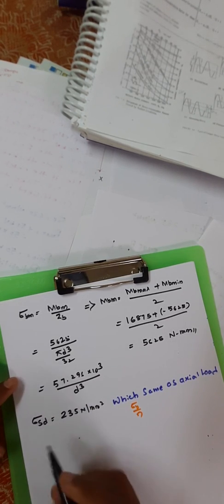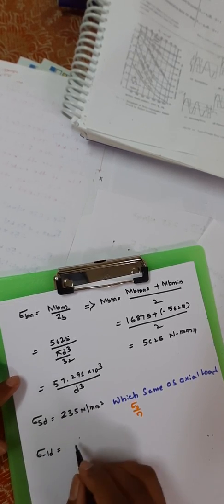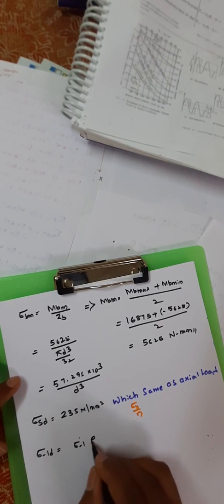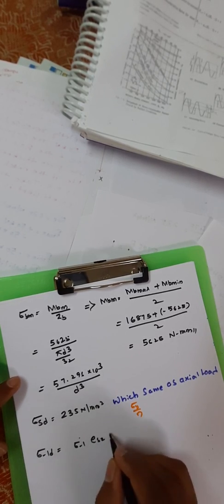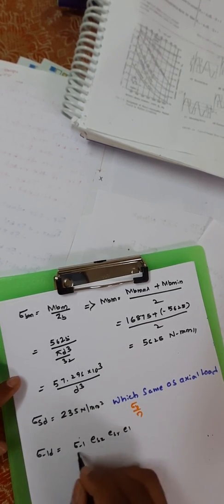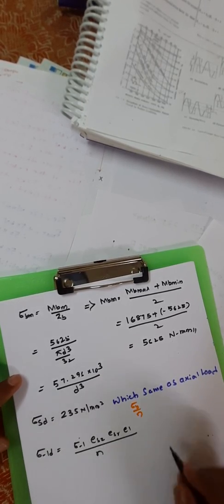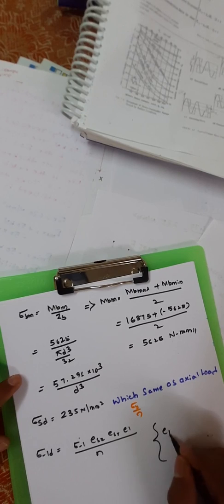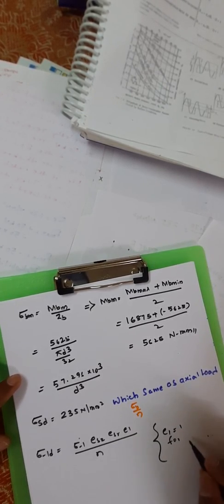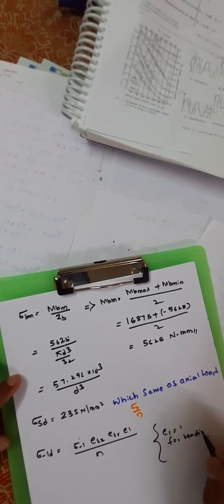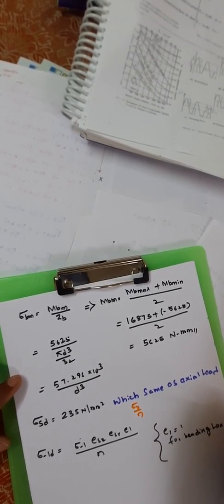Next, what we need to find out? Sigma minus 1d. Sigma minus 1d is equal to sigma minus 1 into ESZ ESR EL divided by n. Here EL is equal to 1 for the bending load, as we all know that we need to assume EL is equal to 1 for bending load.